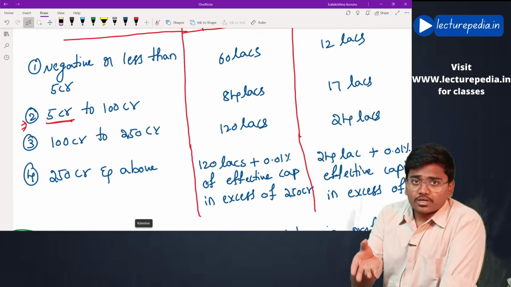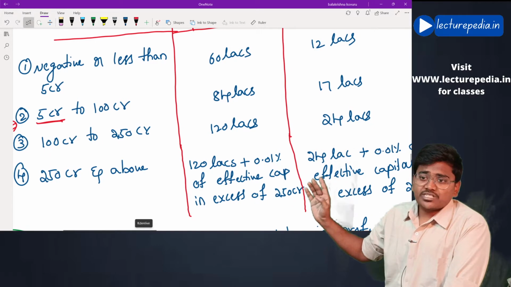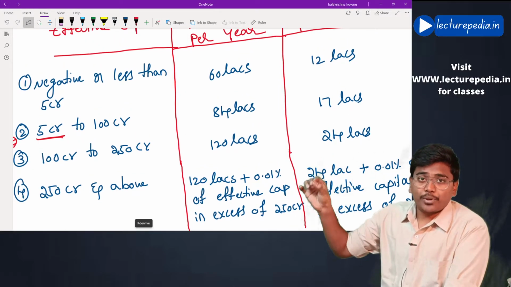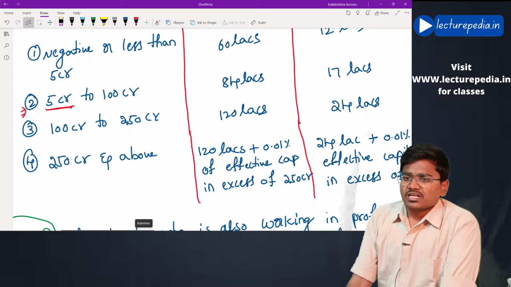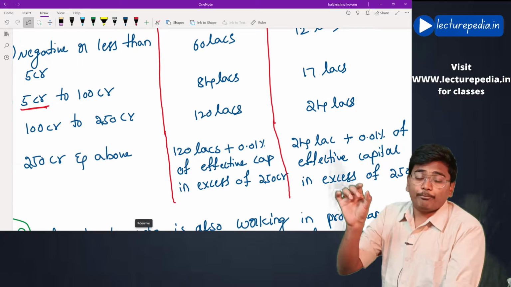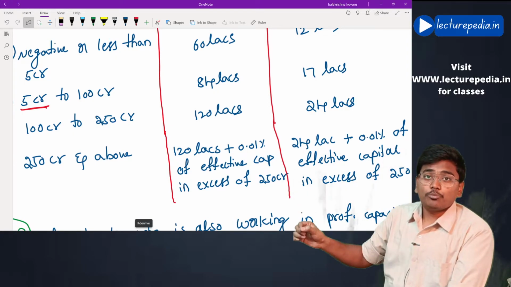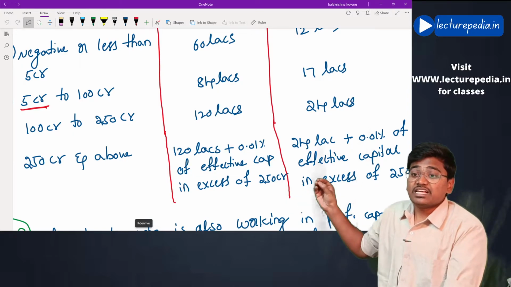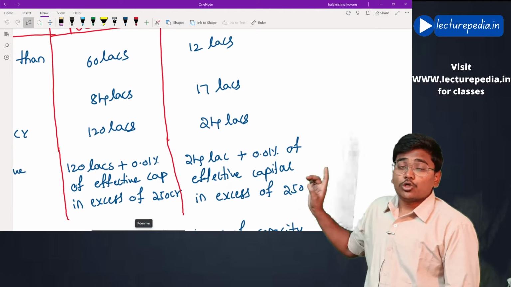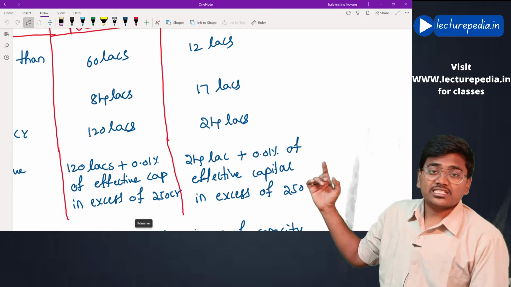Now, if the effective capital is 100 crores to 250 crores, then remuneration is 120 lakhs per executive director, 24 lakhs per non-executive director. If it is 250 crore and above, then remuneration per executive director is 120 lakhs plus 0.01% of effective capital in excess of 250 crores, and for a non-executive director 24 lakh plus 0.01% of effective capital in excess of 250 crore.